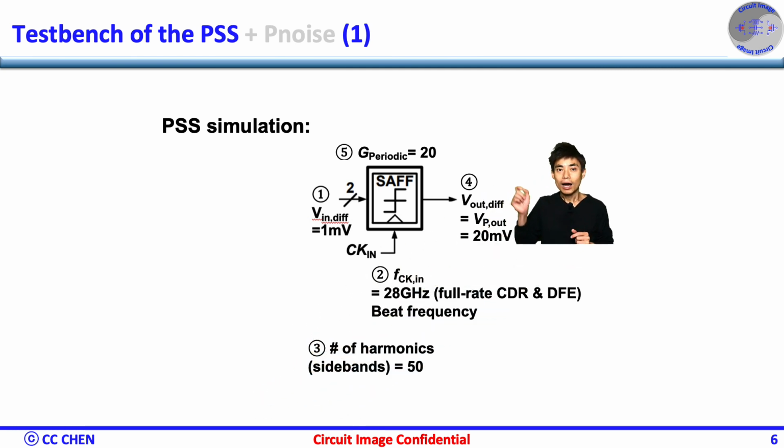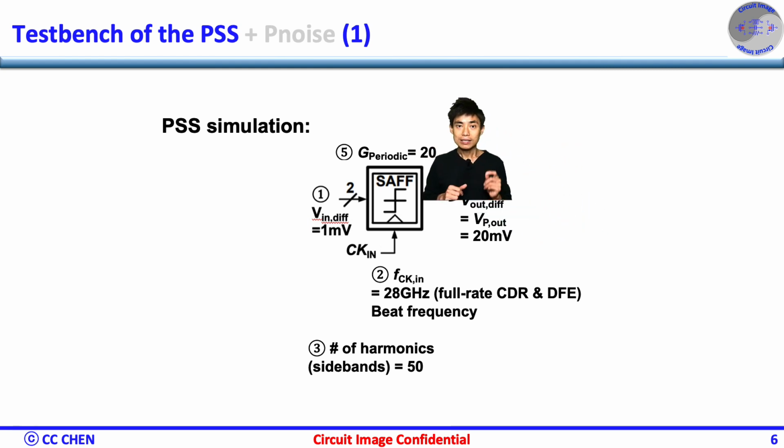Then the output net voltage must be specified properly, which is the sampler differential output in this example. After the PSS analysis is done, you should see the periodic output voltage Vpout is 20 mV in this example. So you can define the sampler's periodic gain as 20 for now, which should be a similar gain value for the noise.